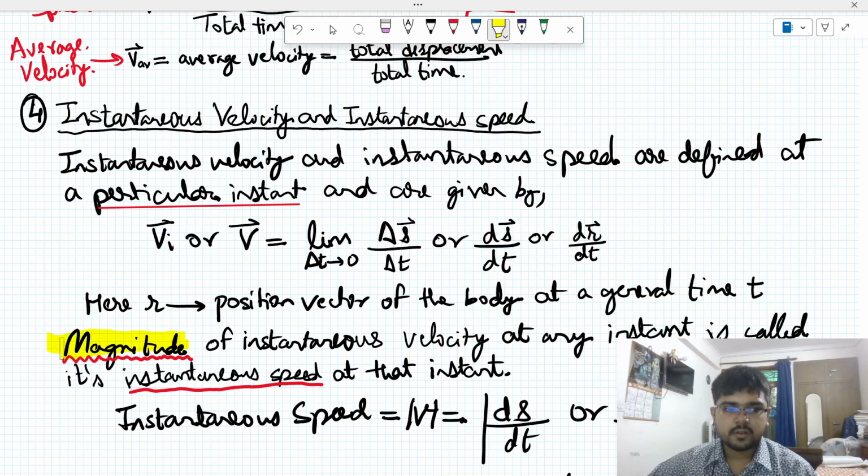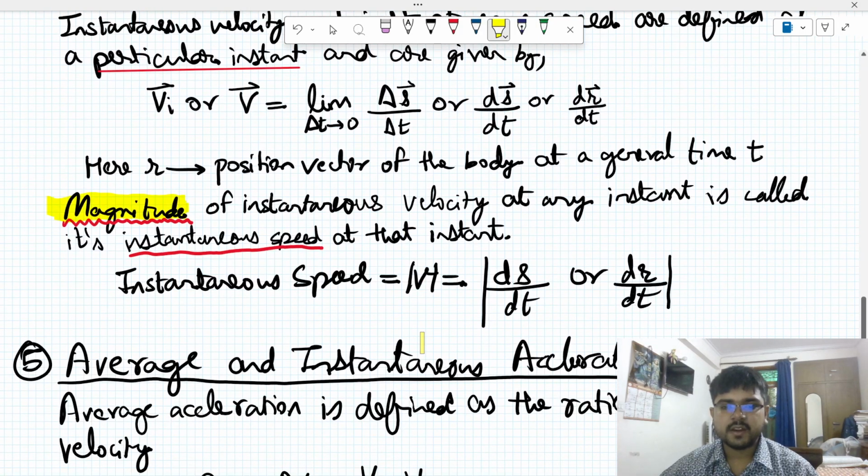Magnitude of the instantaneous velocity at an instant is called its instantaneous speed at that instant. So instantaneous speed is equal to mod of ds by dt. So there are these two mod symbols written here, which tells us that we have to take the modulus of ds by dt or dr by dt.